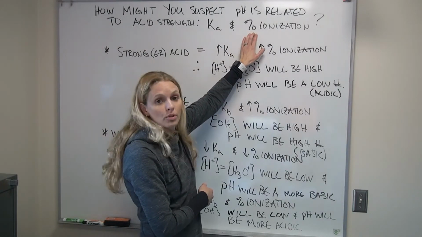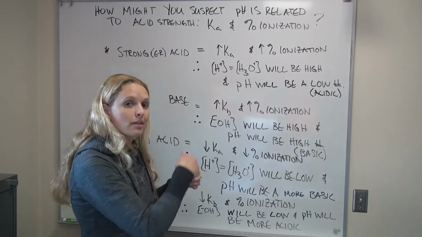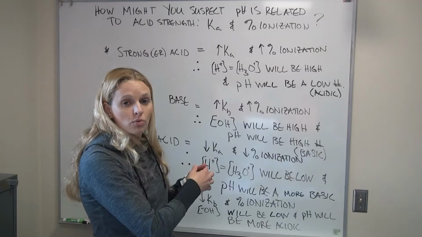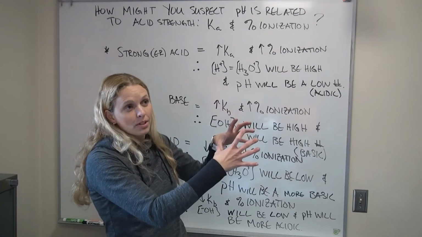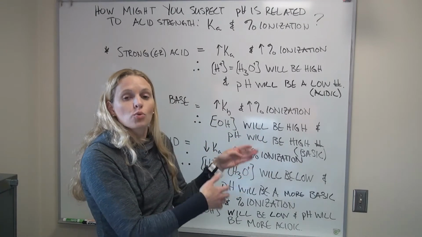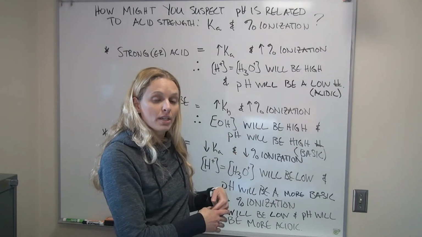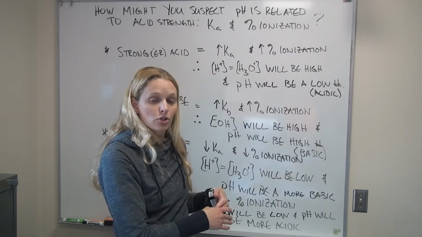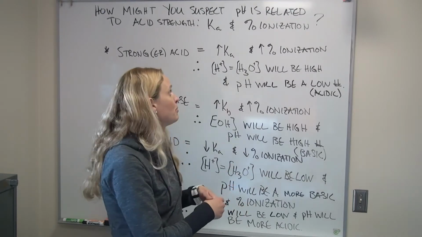We have a higher percent of acid dissociating, and a larger amount of H plus or H3O plus ions being formed. Therefore, the more H plus ions, the more acidic the pH. On the pH scale, acidic is a low pH number: 7 is neutral, less than 7 is acidic, above 7 is basic.